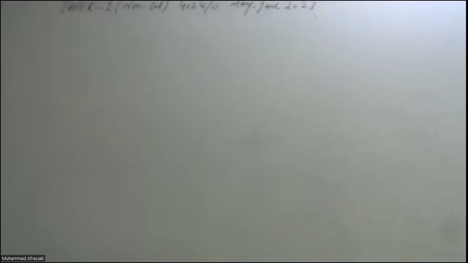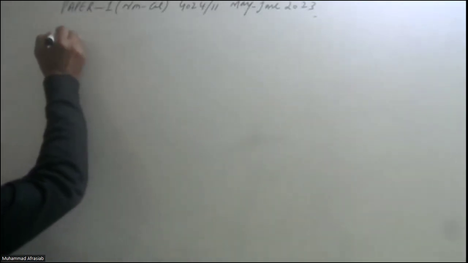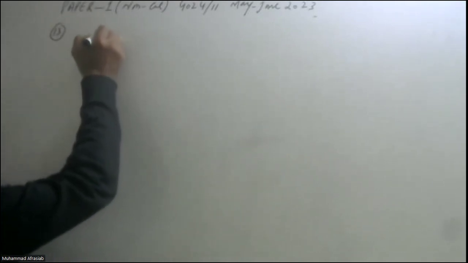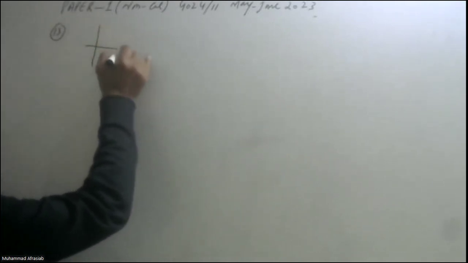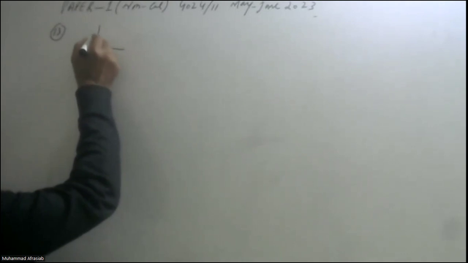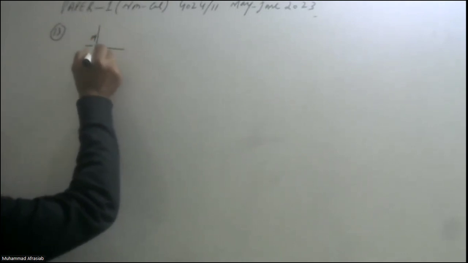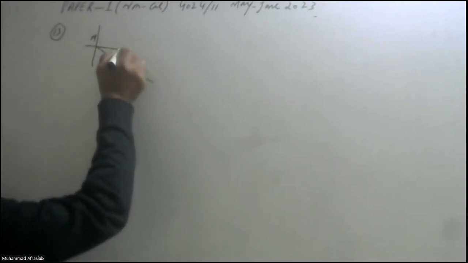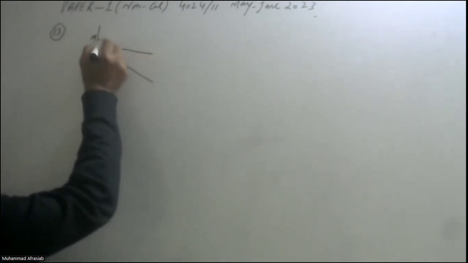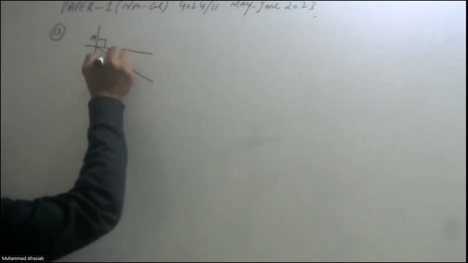Question number 13. Let's say the bearing of that one. This is the main field and the lantern is 156 because 90 degree at this point and further this angle.